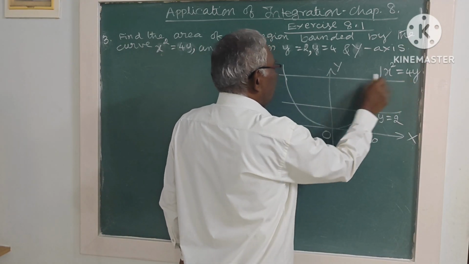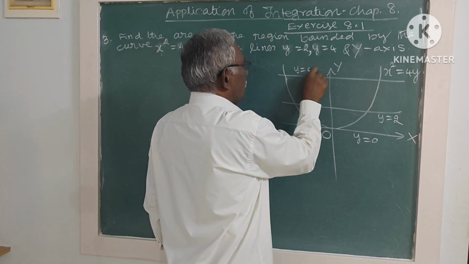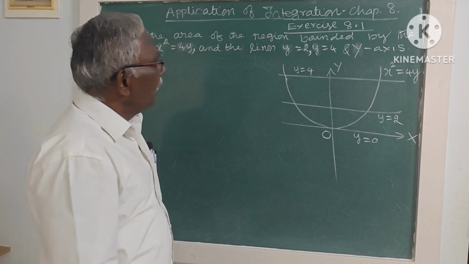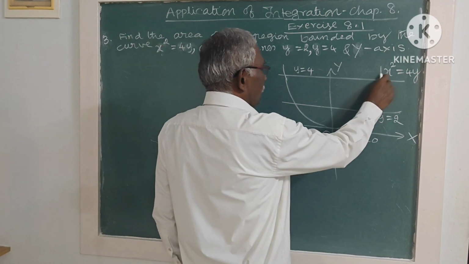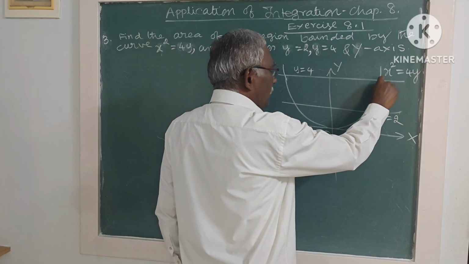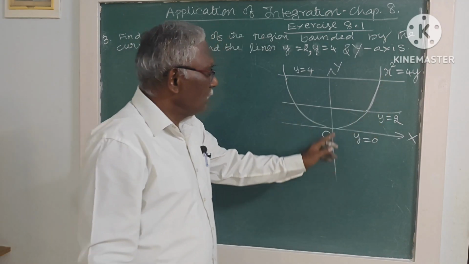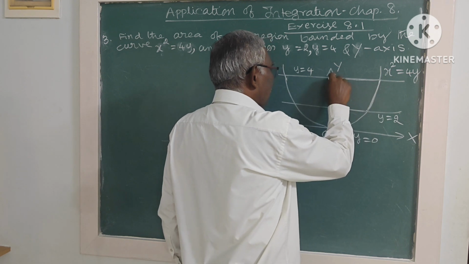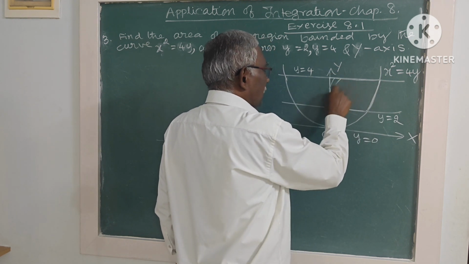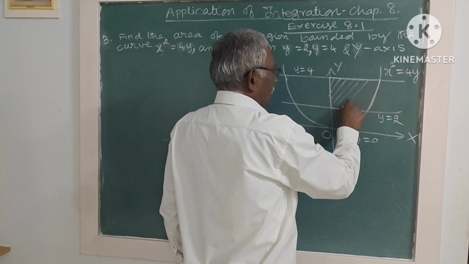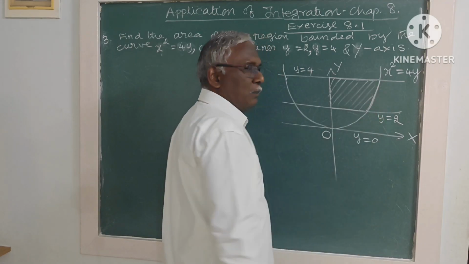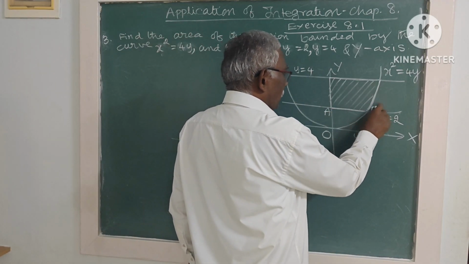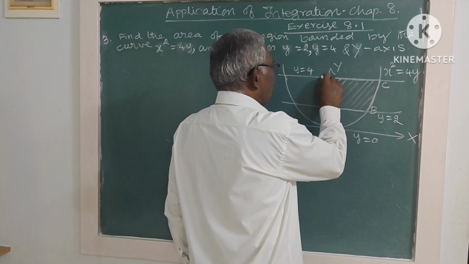I can take the equation of this line as y is 4. Area of the region bounded by the curve x square is 4y and line y is 2 and line y is 4 and y axis. So this area we have to find. Let it be A, B, C, D.